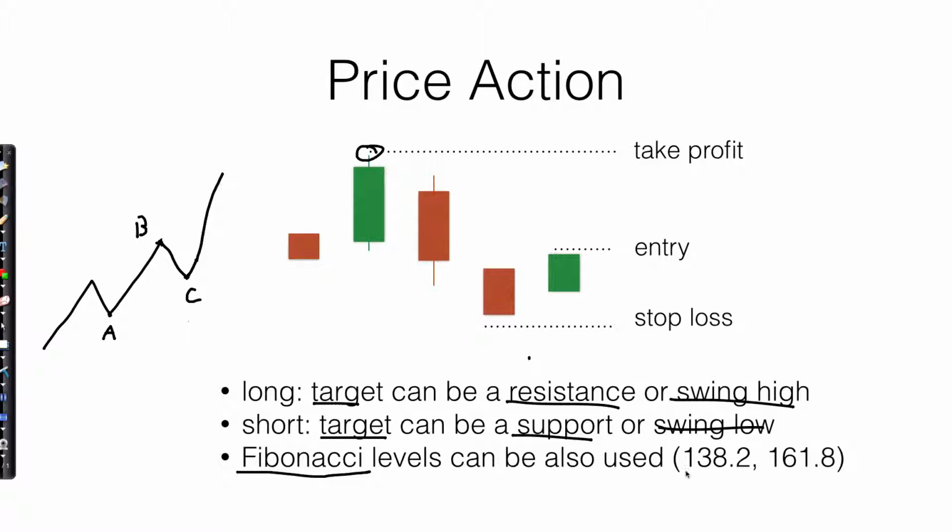And usually the levels that you can check are the 138.2 and 161.8. Okay, so it's other two levels where the price is more likely to hit and go back, or maybe there. So these can be also some kind of level where you want to take profit.